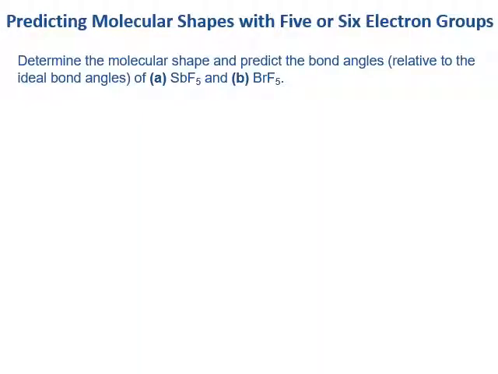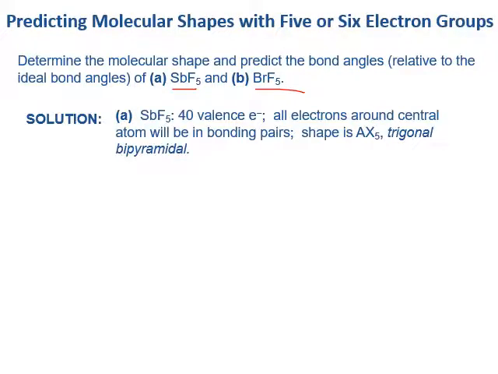Predicting with 5 or 6 electron groups, if you have SbF5 or BrF5. First thing first, draw the predicted structure. SbF5 has 40 electrons. You have to add it yourself. We count 6 times 5 is 30, 32, 34, 36, 38, and 40.